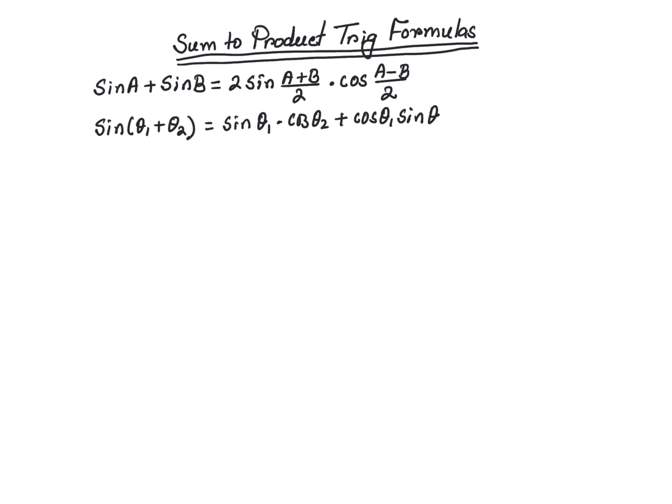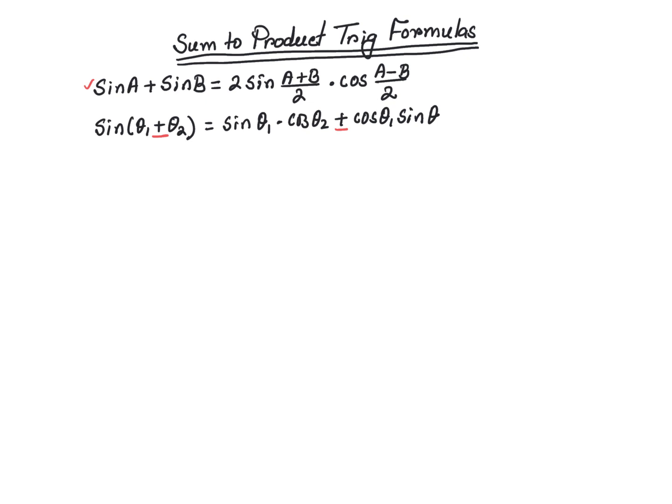Now if you want to use the negative sign, then this is going to be minus and this is going to be minus. So these two formulas we are going to use to derive this formula.